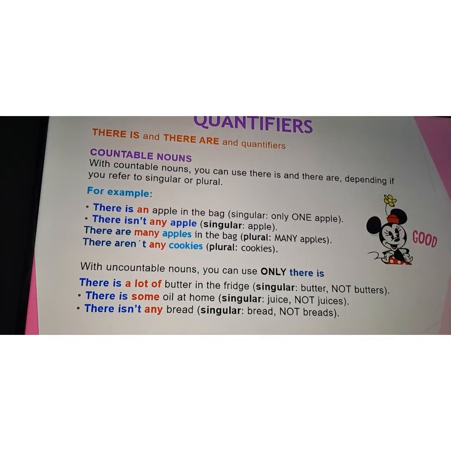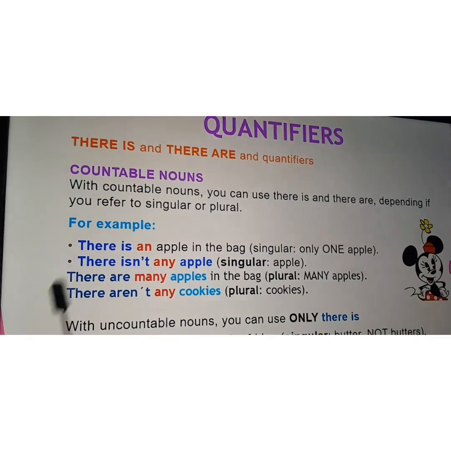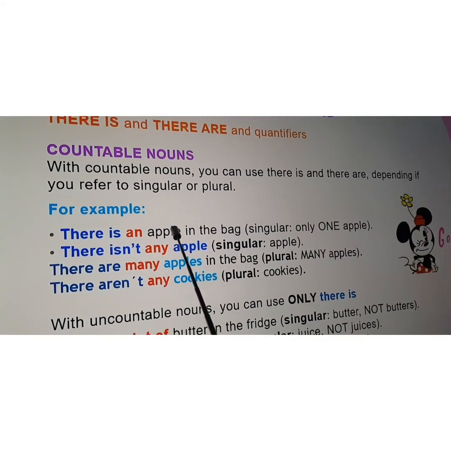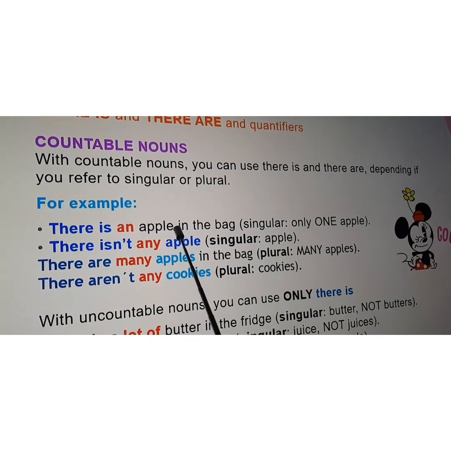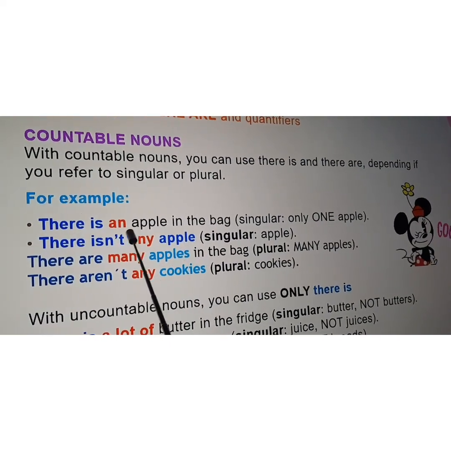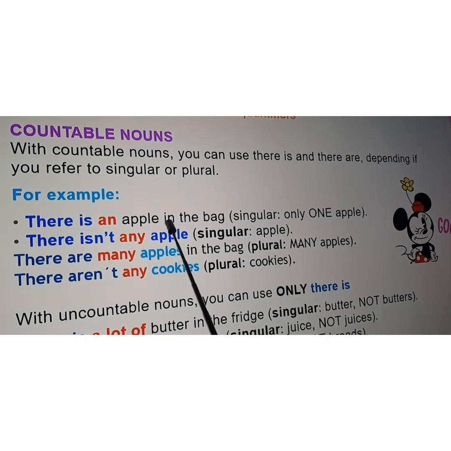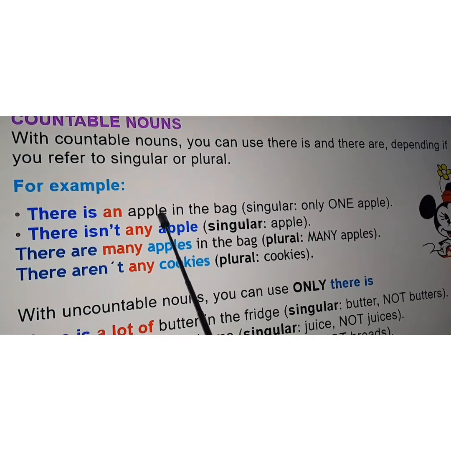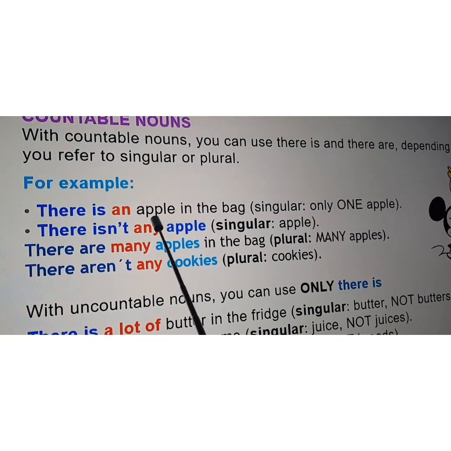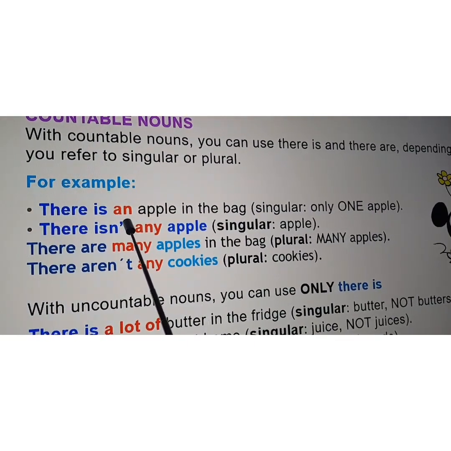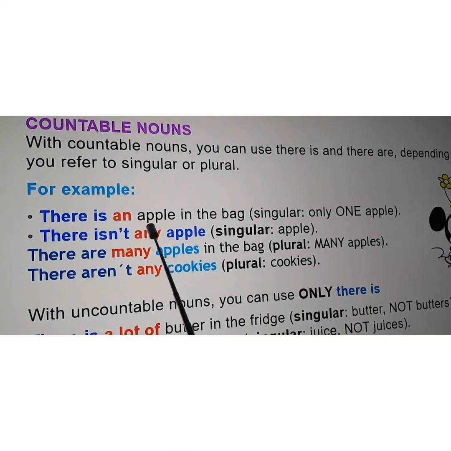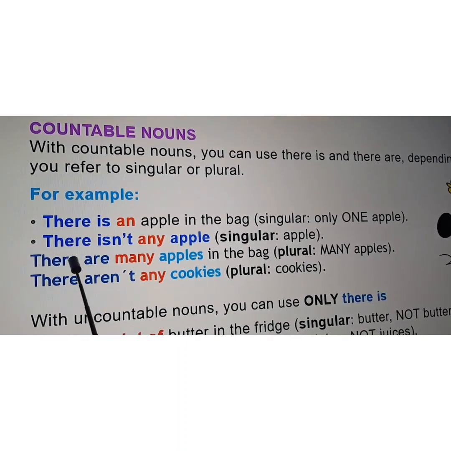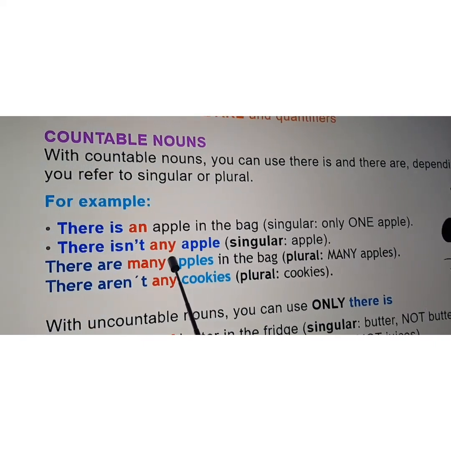Okay, some examples. With countable nouns, we can use there is, but in singular form, with there is and there isn't. For example, in the first example, there is an apple is a singular form. Apple is a singular noun. An is the article for only one noun, and there is for singular. There isn't is a negative form.